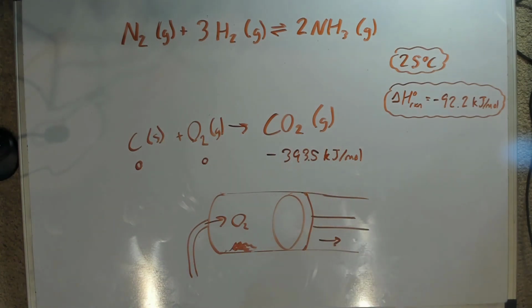And that's what they did. They did that a bajillion times and figured out the average value was around 393.5.